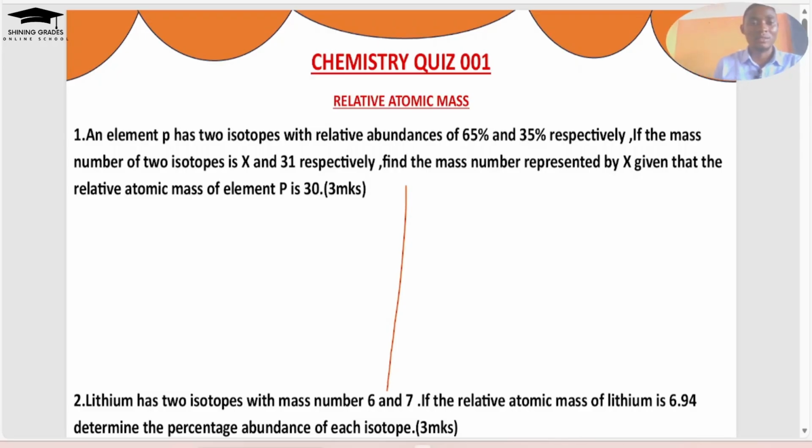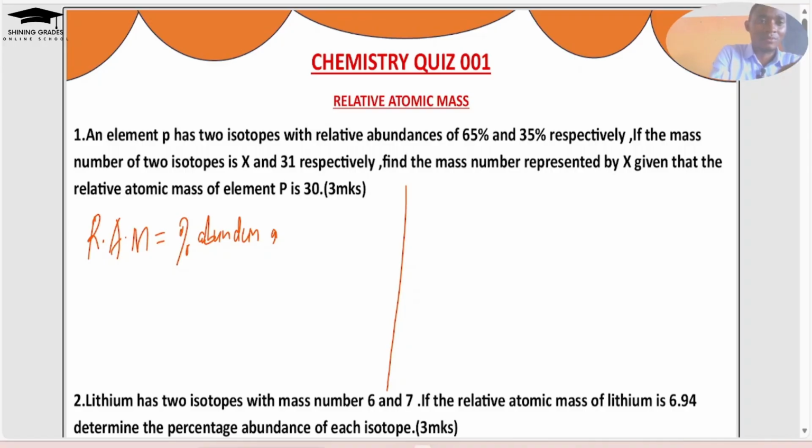So starting with the formula, we understand that relative atomic mass is given by the percentage abundance multiplied by mass of isotope divided by 100.